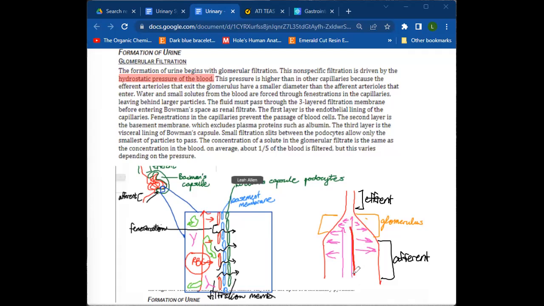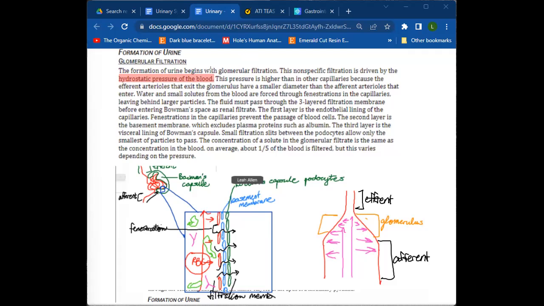Not all the blood is going to be able to flow through there at the same time. So as there starts to be this backup of blood, it's going to push against the walls of the glomerulus. And so this push, this blood pressure, is going to force small solutes and water out of the bloodstream and into the Bowman's capsule.